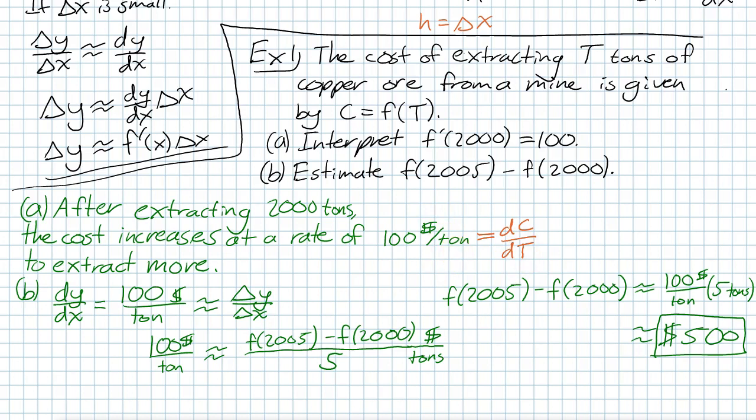So you can expect that extracting the 2001st ton is going to cost about $100 more than the previous 2000 tons. So it's the rate that it costs to mine extra copper. And for part B, the trick is to recognize that f of 2005 minus f of 2000 represents a change in y in the function.